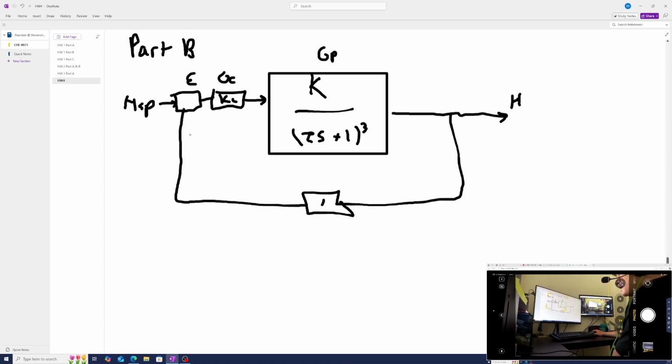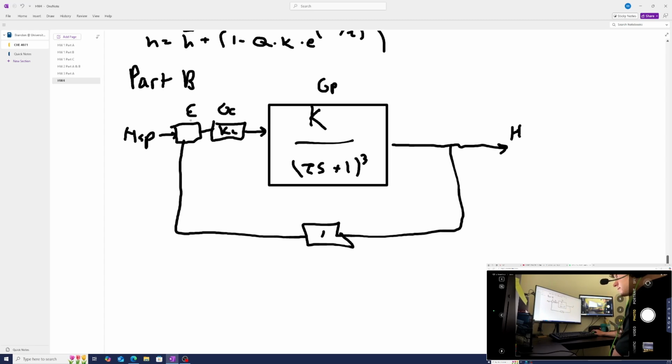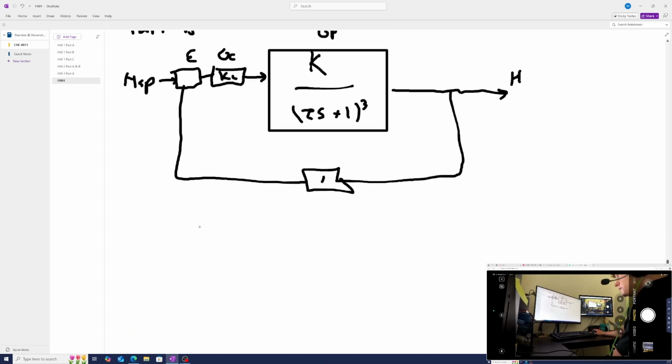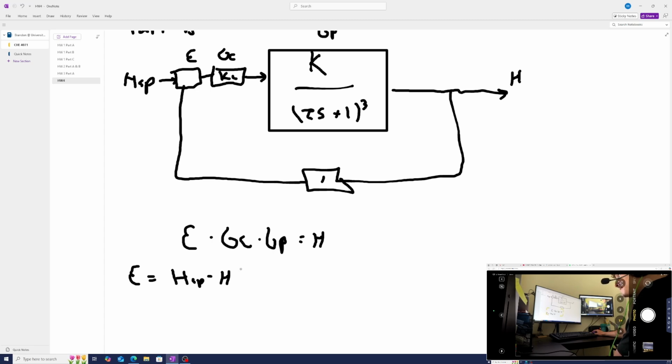So what we see here is that our error times our GC times our GP is equal to H. And we know our error is calculated by our set point minus our height.